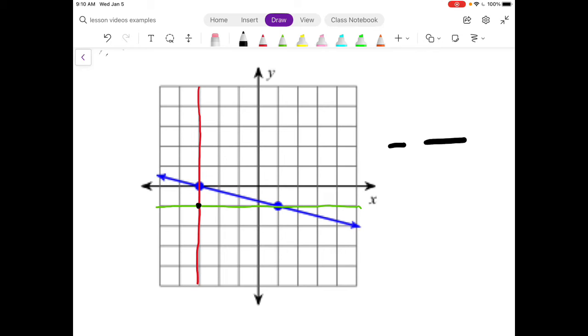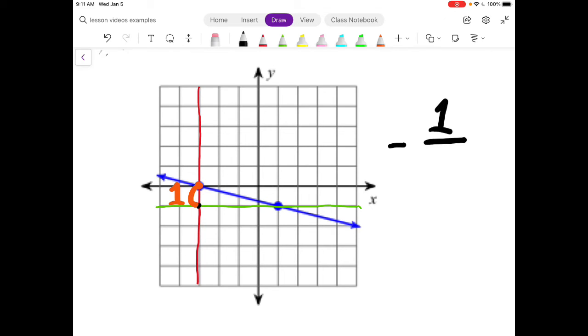So we first want to determine how far up and down we go. We're going to start at our original point, and we're going to go down 1 unit. So the rise is actually -1, but we knew it was negative already because it goes down as you travel left to right.